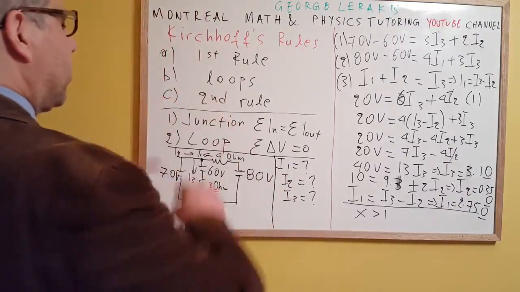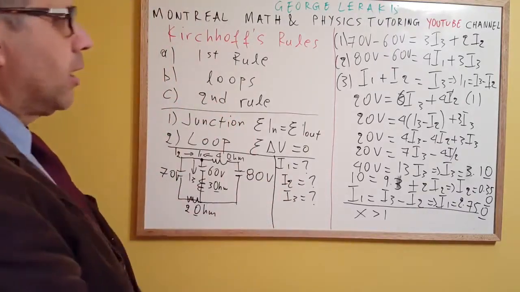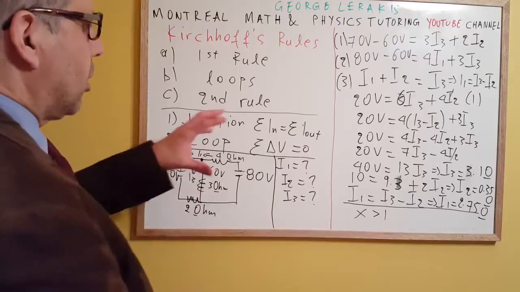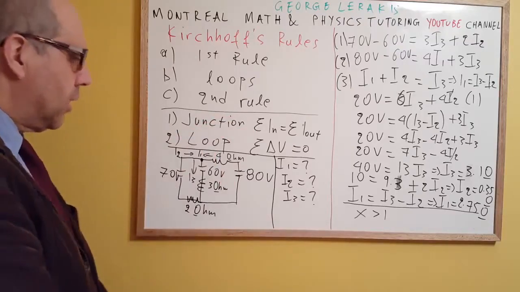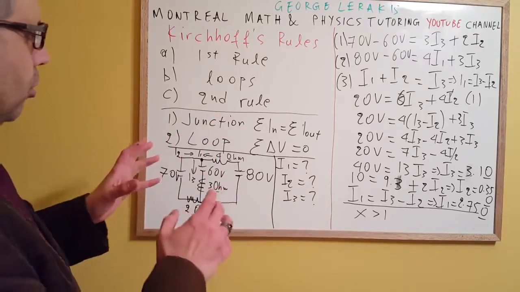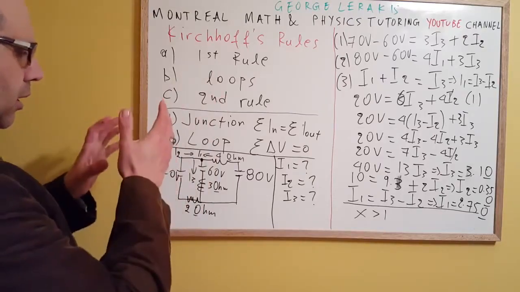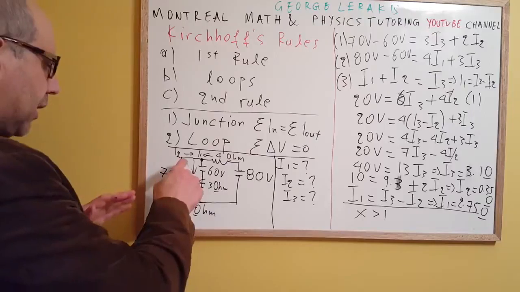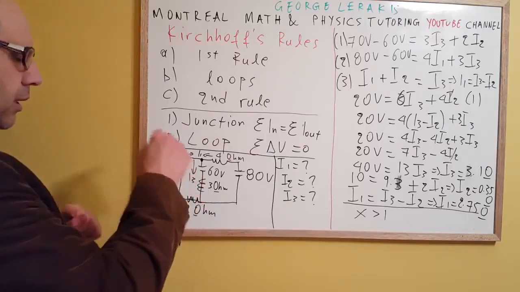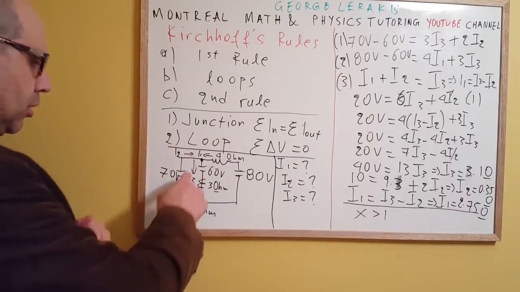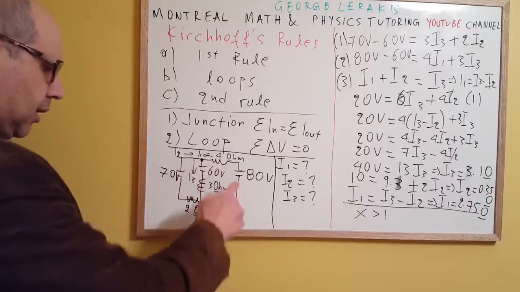So what do we do? Let's start first from Kirchhoff's second law, which has to do with the drop of the voltage. To show you which loops I use, there are actually two loops that you can use. It's this here and this here.